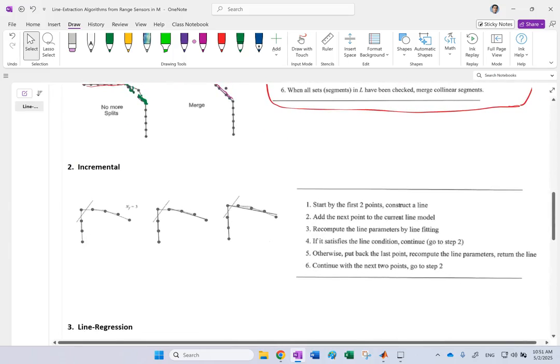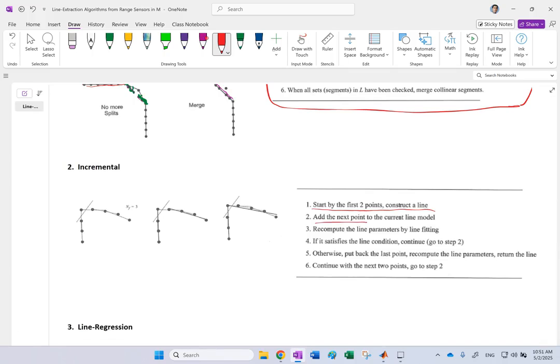What is the incremental? So here, first, you pick 2 points and you fit a line to the first 2 points. Then you bring the next point and add it to the current line and recalculate the line parameters by line fitting. Here, the important thing is you have to provide a line condition.